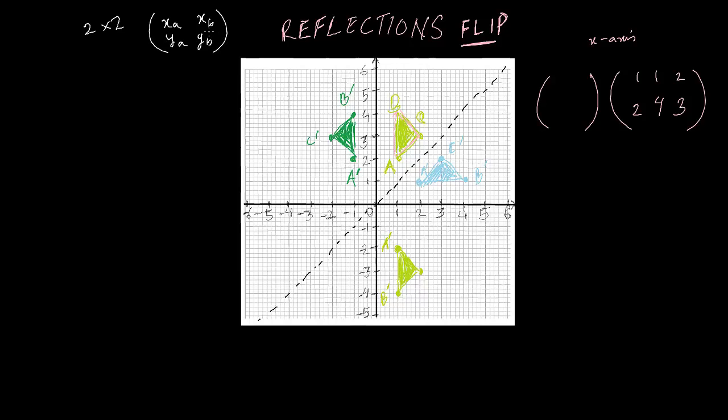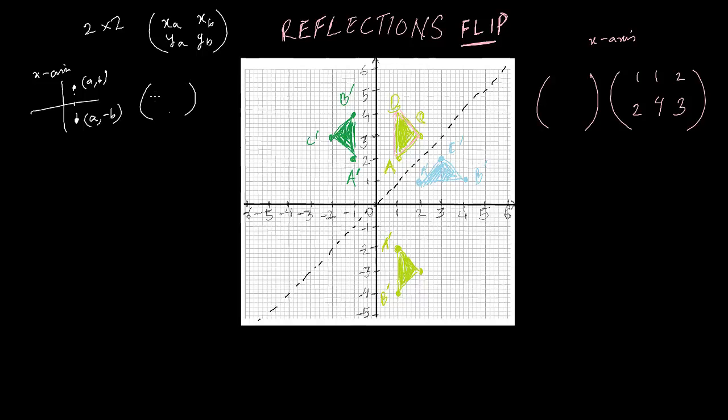Now think of a single transformation matrix like this. If you are thinking about the x-axis, if the object point is here, and then you reflect on the x-axis, then the image is going to be here. So the x value is going to be the same and the y value is going to be negative.